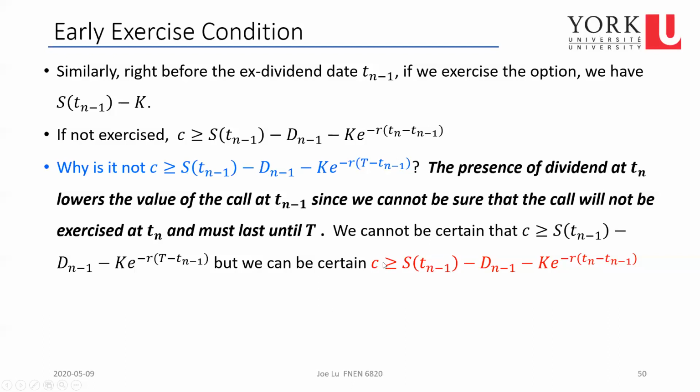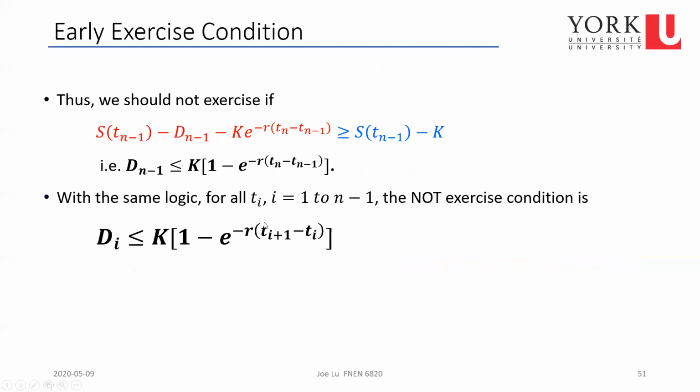So putting it together, when it's not the last ex-dividend payment date, our condition is that Di is less than or equal to K times 1 minus e to the power of minus r (Ti+1 minus Ti).